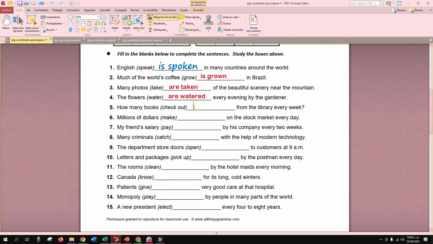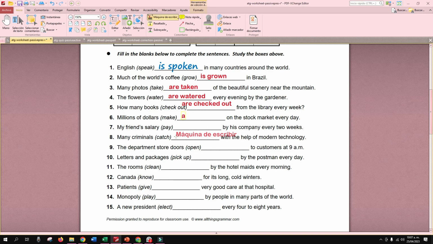How many books are checked out? So, how many books can we say that are checked out, right? That's great. What about this one? Millions of dollars on the stock market every day.